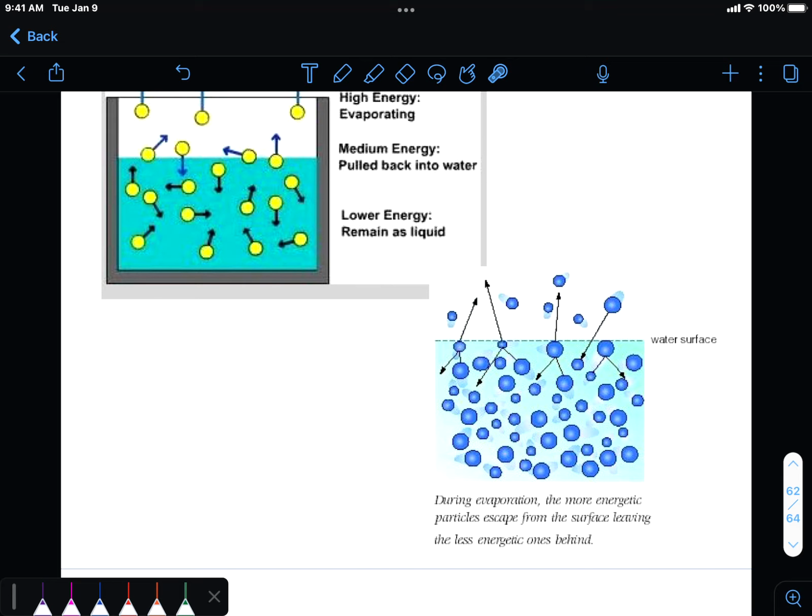Water molecules, when they separate from each other, what are they breaking? If molecules are going to completely pull apart from each other, what are they breaking? Yeah, hydrogen bonds, specifically. Intermolecular attractions is what they're breaking.